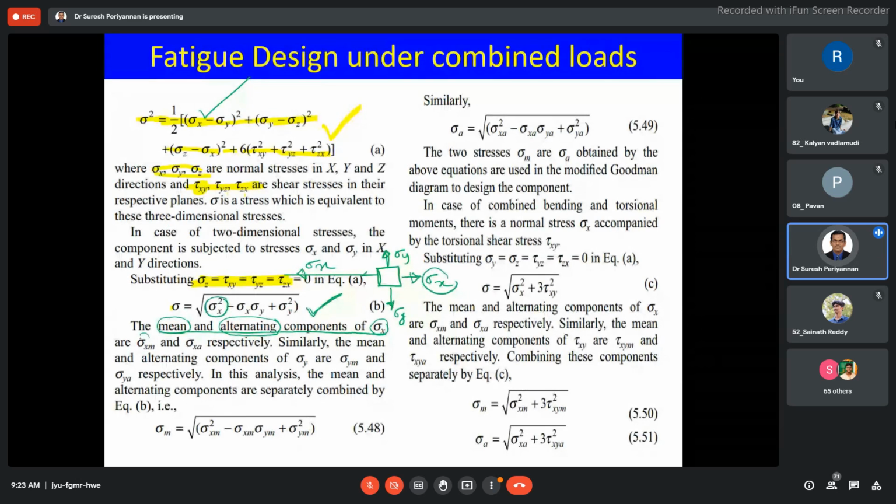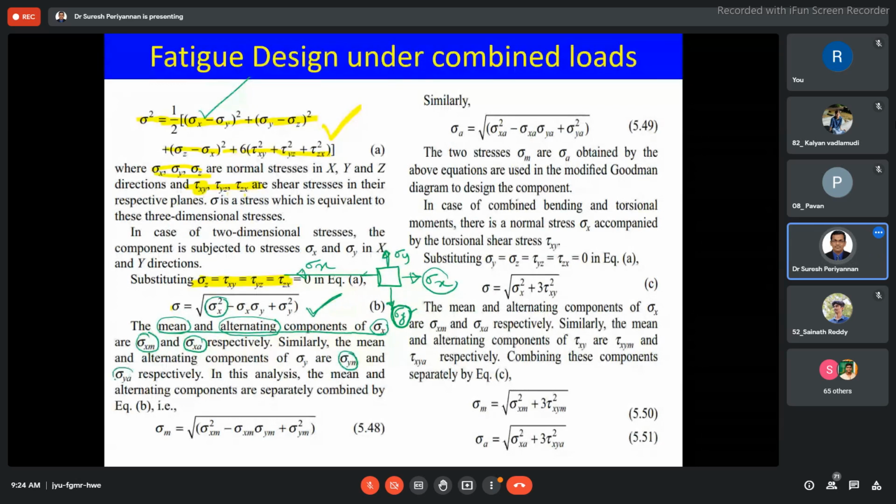Similarly, for this sigma y, the mean stress component and alternating stress component, I can consider sigma ym and sigma ya.